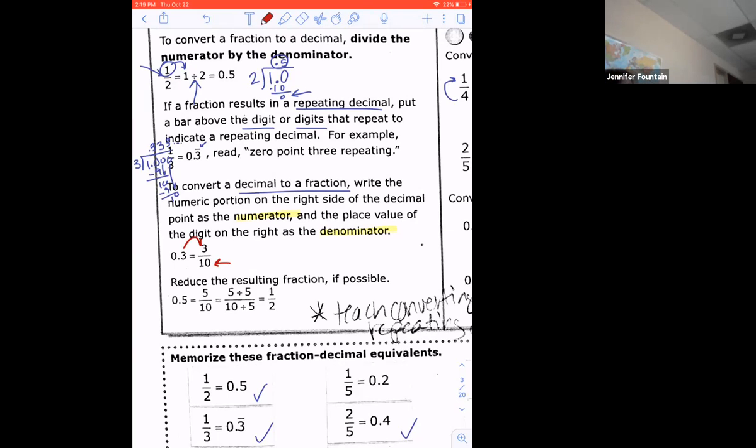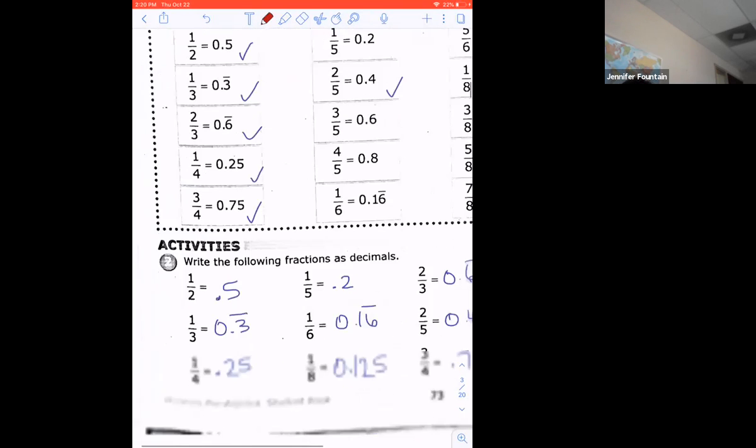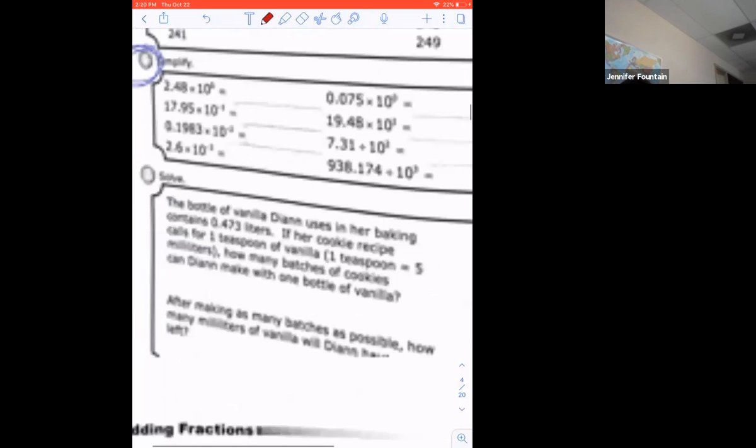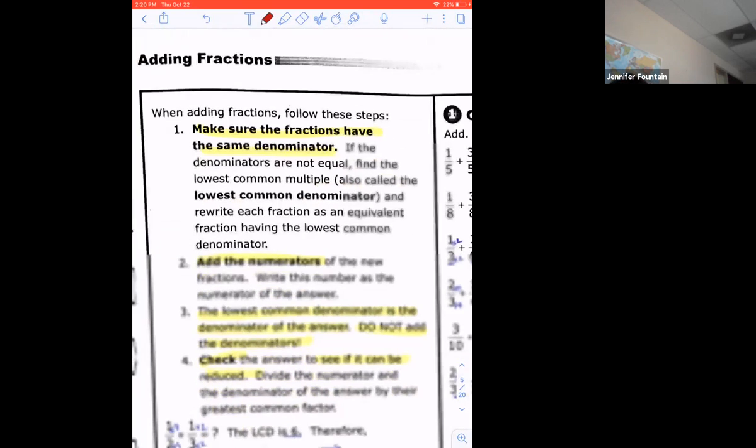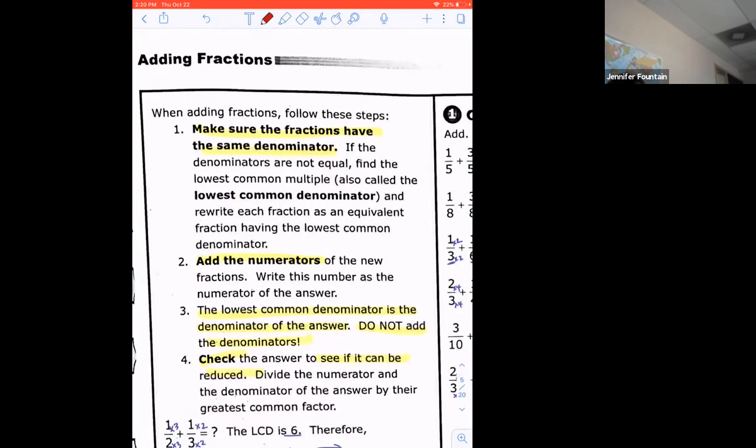Let's go ahead and look at lesson 34, adding fractions. Okay, it says steps for adding fractions. Step 1, make sure you have the same denominator.